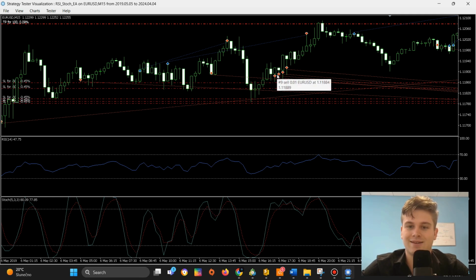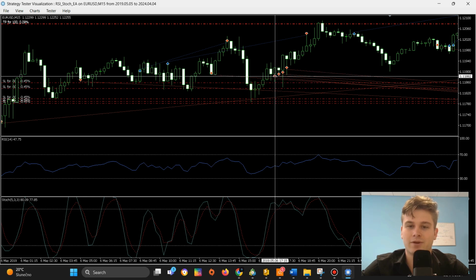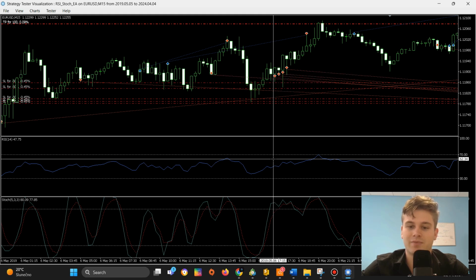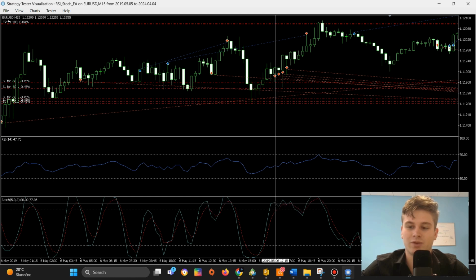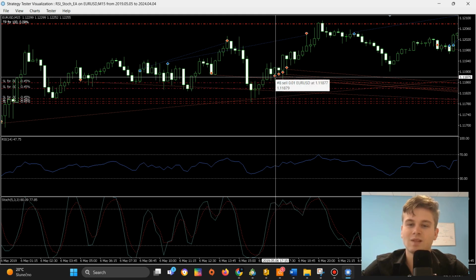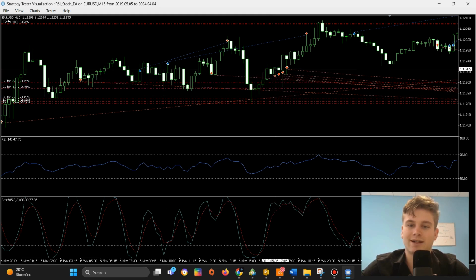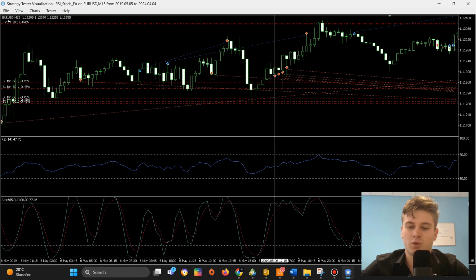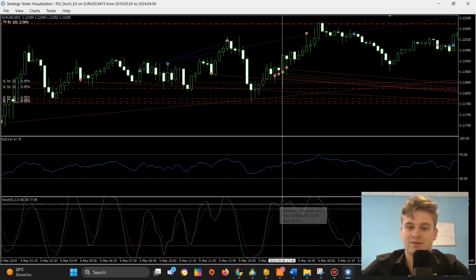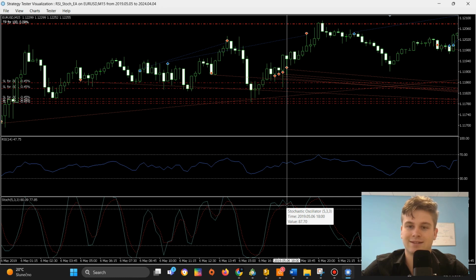So in the process of creating this bar, the stochastic value was below 80. That's why we got this sell. But then the stochastic value went up as well. And the same thing happened at this and this candlestick and also on this candlestick.